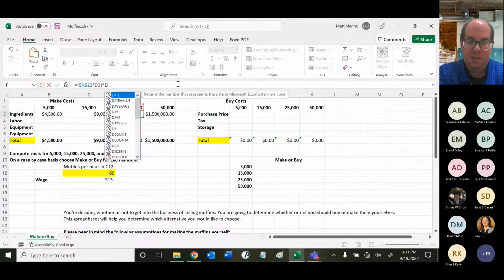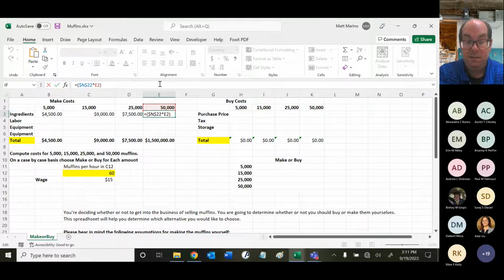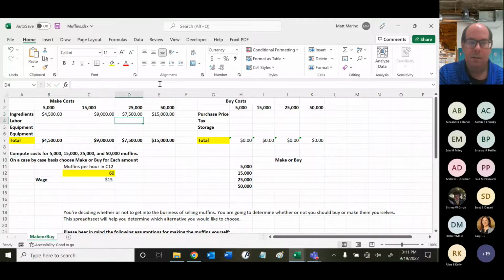And notice why VLOOKUP would be better, because VLOOKUP would literally do all that for you. So both of them, D3 and E3, are multiplied by D28, 7,500, 1,500.